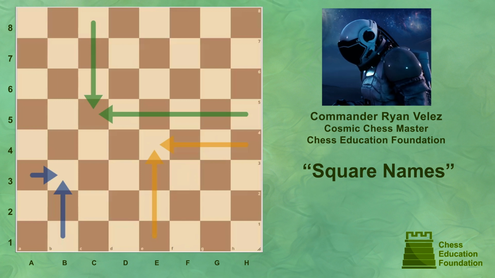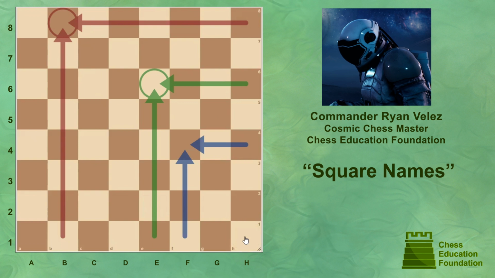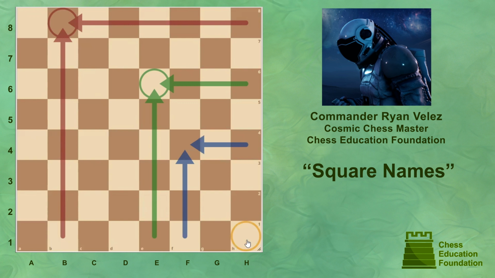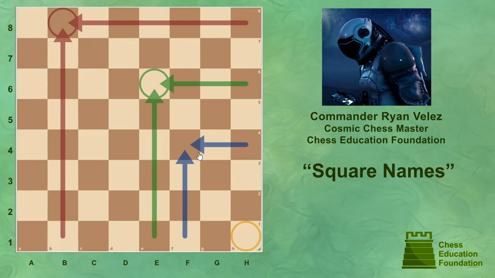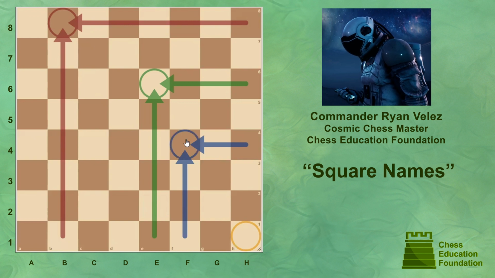So here's another example. This yellow circle down here is the H1 square, which is where the H file and the first rank meet. If we move up to the blue arrows, we will see that it is the F4 square.